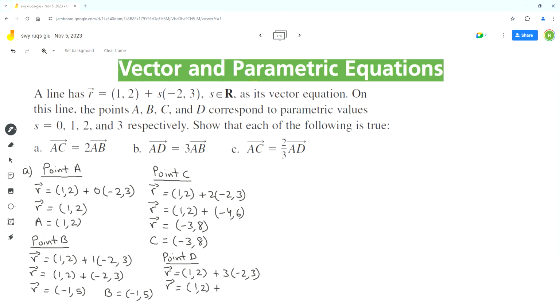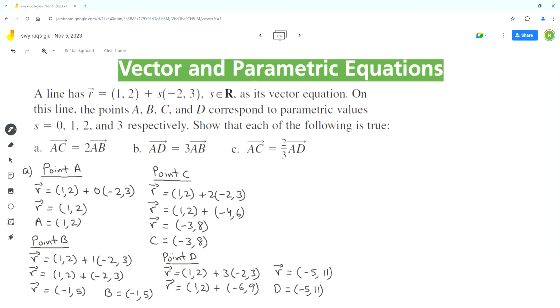We should multiply the components of vector (-2, 3) by 3. Now we can add the vectors. So this is the position vector for point D. So point D is (-5, 11).